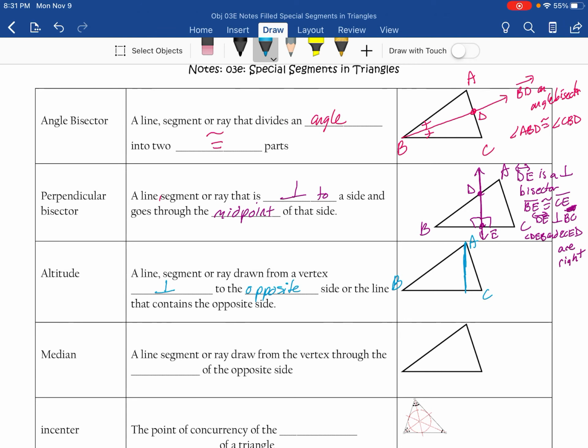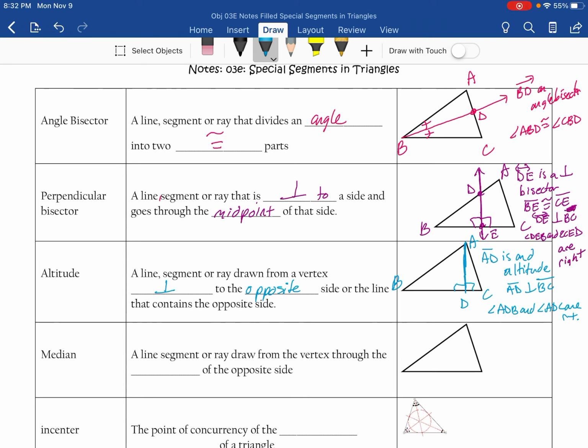So this is A, B, C. I call this D. And so if AD is an altitude, then there's just one or two things that you can conclude. You know that AD is perpendicular to BC because it's perpendicular to the opposite side. You also know angle ADB and angle ADC are right. So you know that they are both right angles.